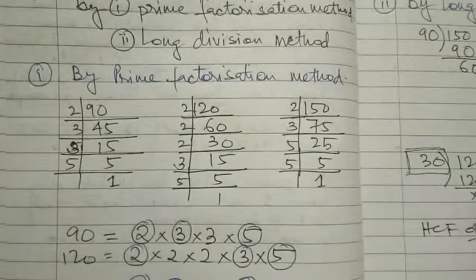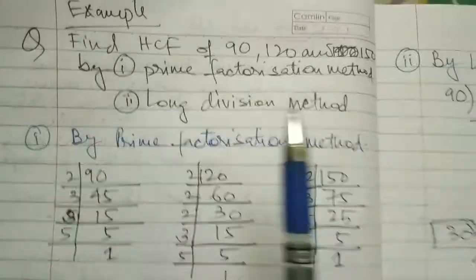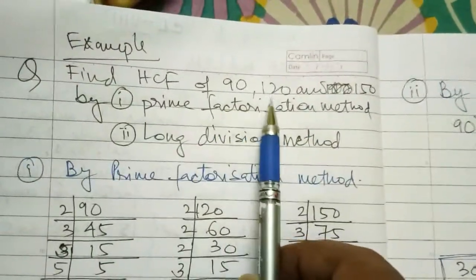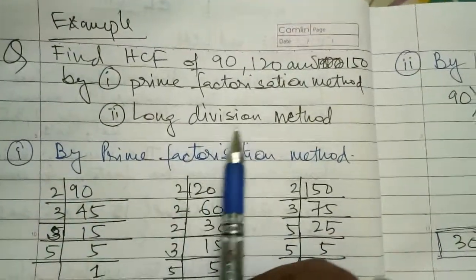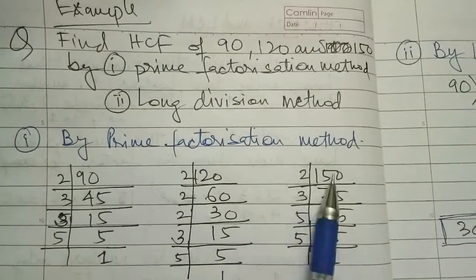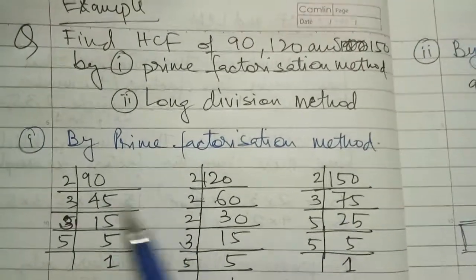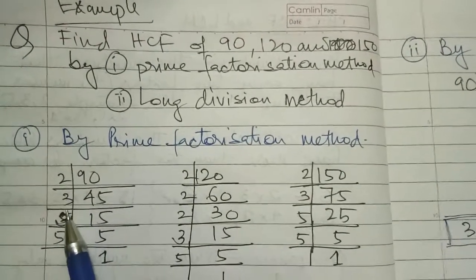Next we'll look at the HCF. HCF can be found by the prime factor method and by the long division method. Prime factor method you already know how to do. The question is: find the HCF of 90, 120 and 150 by the prime factor method, and second by the long division method. Always start with the small number, that is 2, then 3.